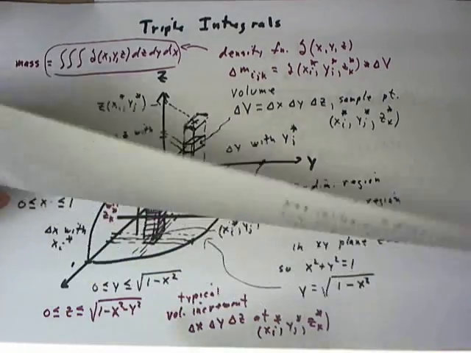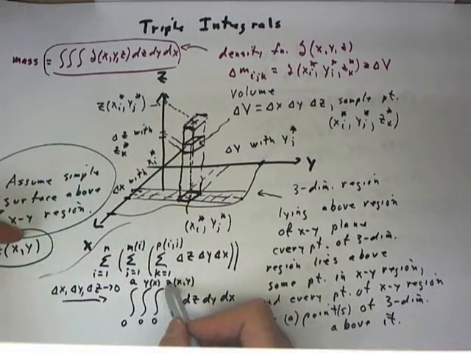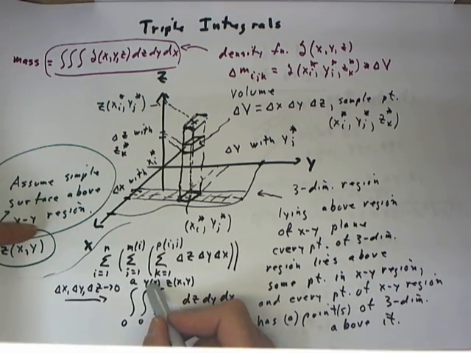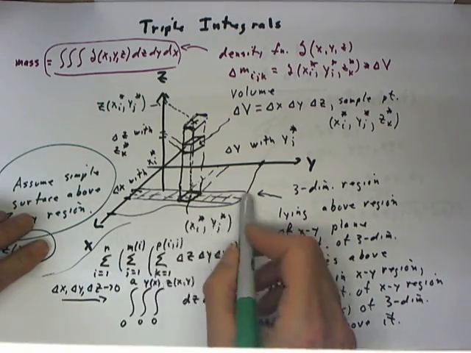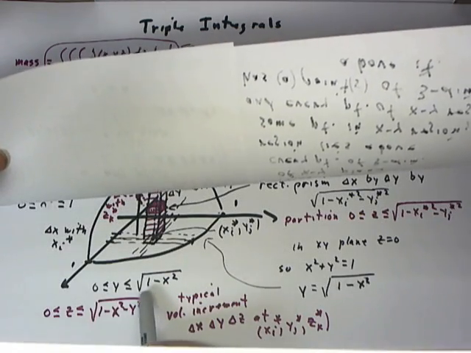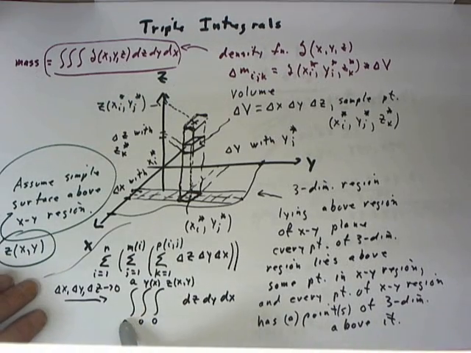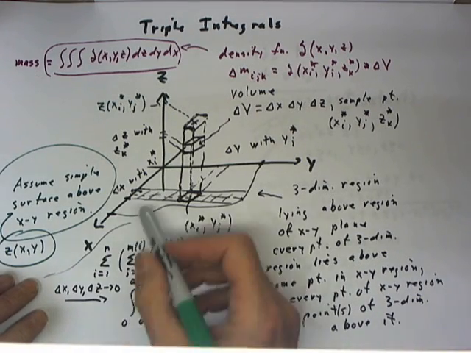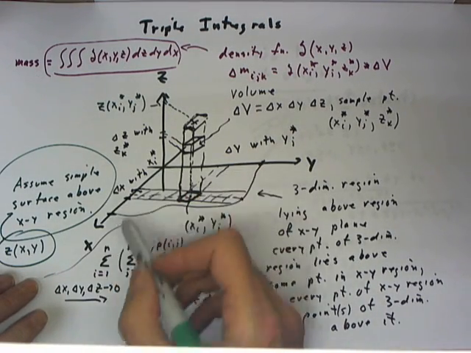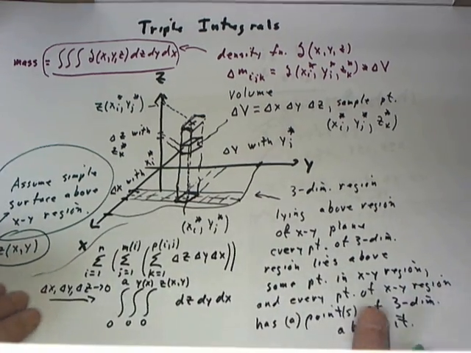Z of xy in this case is the square root of 1 minus x squared minus y squared. From 0 to y of x being this function in the xy plane, and that's going to be from 0 to the square root of 1 minus x squared, and x going from 0 to a, whatever this interval is. In the case of the present integral, this will be from 0 to 1.